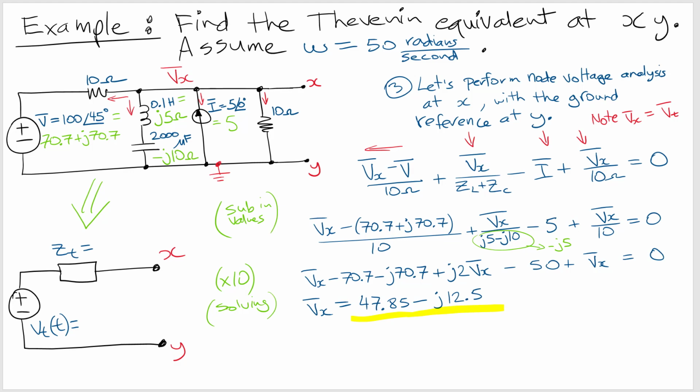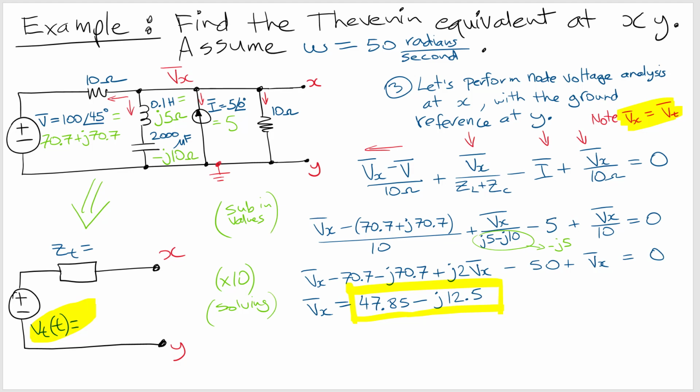Now, we're not finished yet. This is a rectangular form for the voltage, and notice that over here we want to have the Thevenin voltage in the time domain form. So now what we have to do is take the rectangular form of the voltage phasor, which is V Thevenin, as you recall, and convert that into polar form.